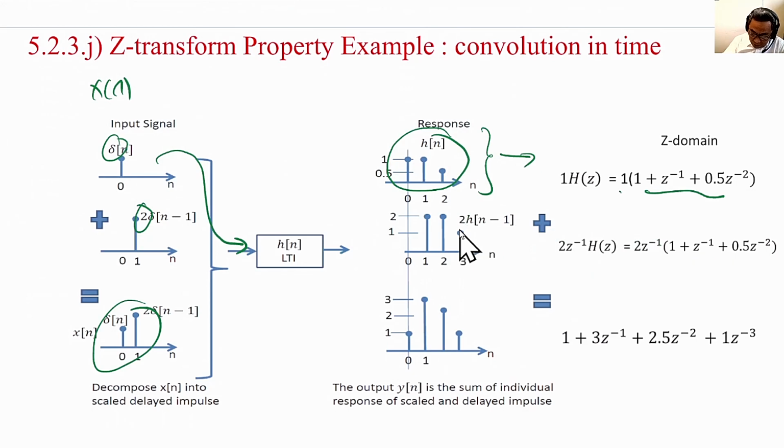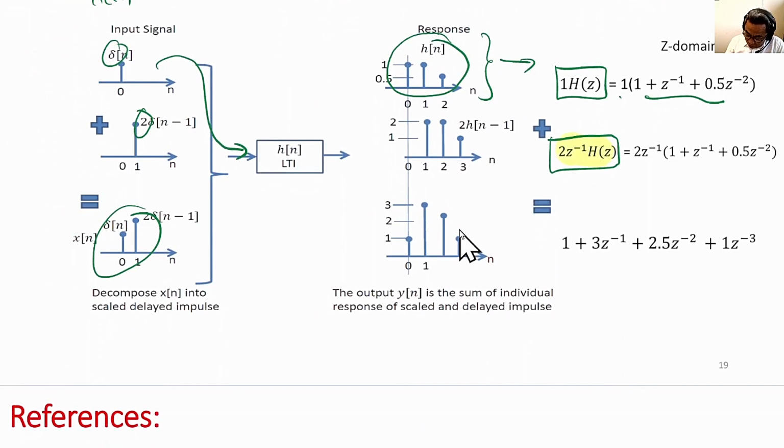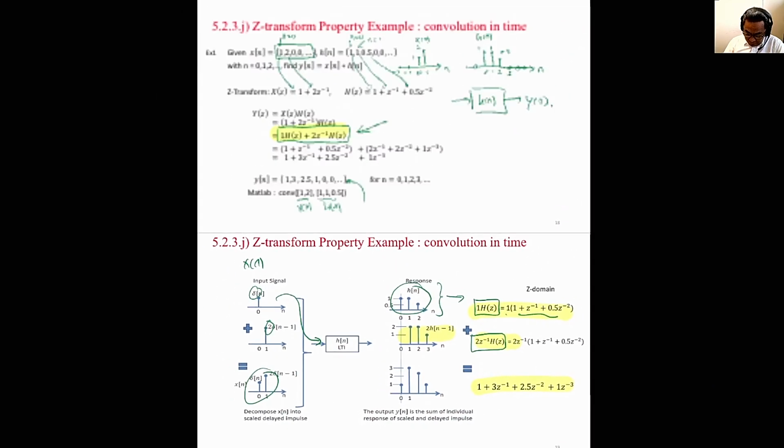You realize that this, 1 times H(z) plus 2z^(-1) H(z), you have seen it here. Manipulating polynomials and distributing them is exactly what we are doing, studying the response for each input signal separately. Finally, the output is what we expected in the previous example.